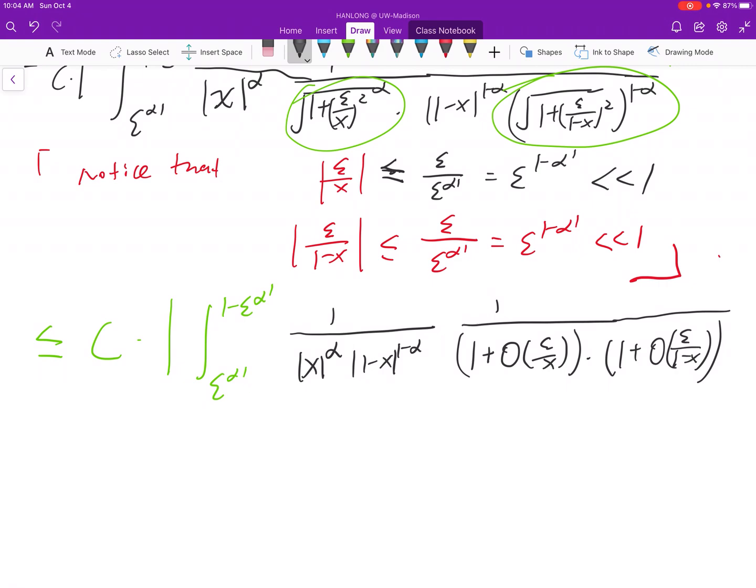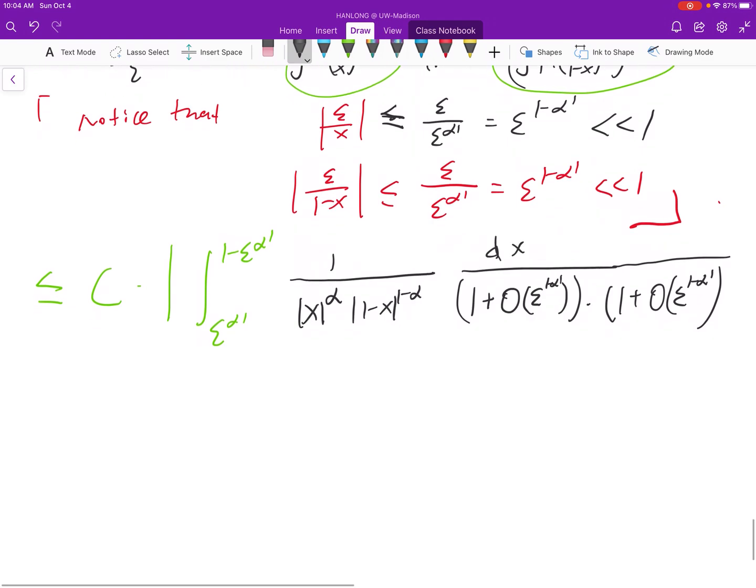Or you can probably just replace it by O(epsilon to the 1 minus alpha prime), dx. So that's the crucial part.